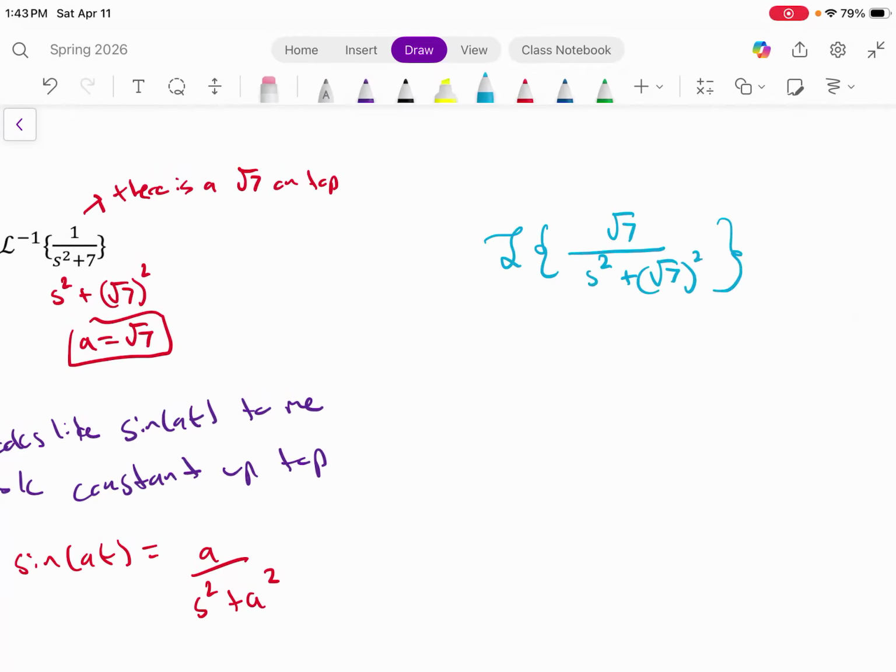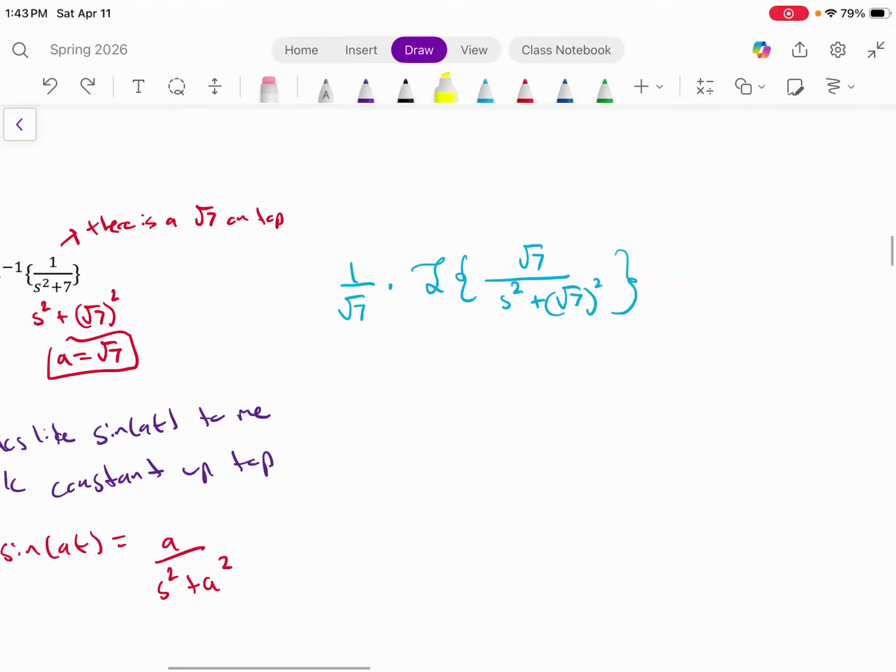But there's this 1 up top that I need to account for. So I would multiply this by 1 over the square root of 7, because these would cancel out and I'm left with 1. We need to manipulate it a little bit to make the transformation easier to see.